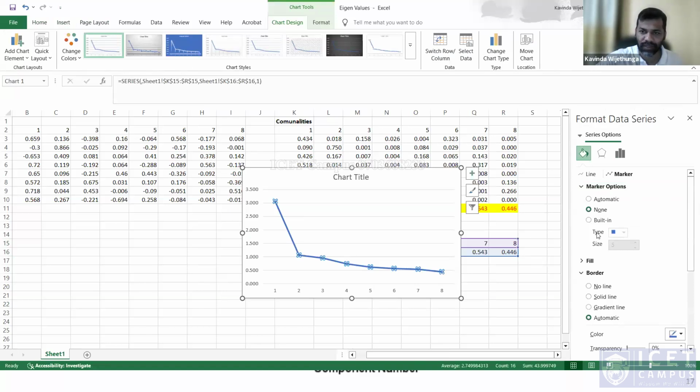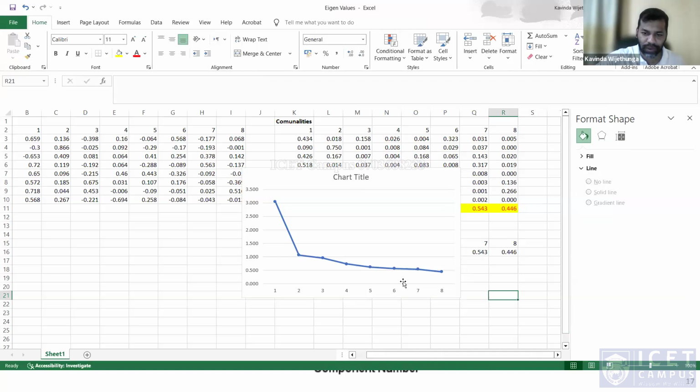It is the same as this one. So on the x-axis we have to use the component number, and on the y-axis the eigenvalues. Right, so this is the scree plot.